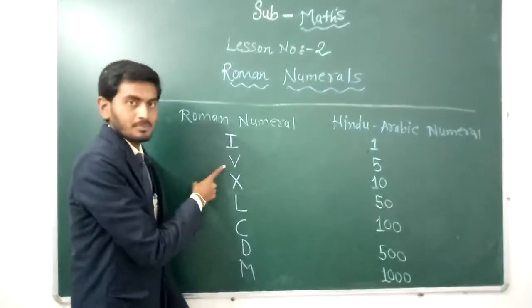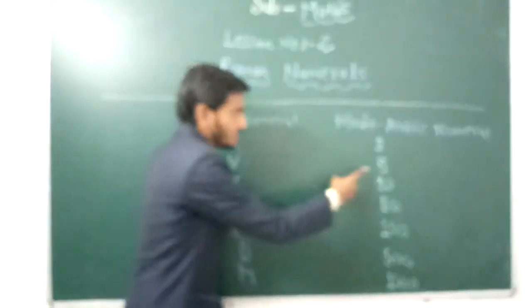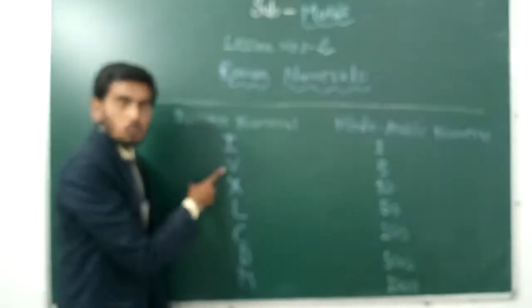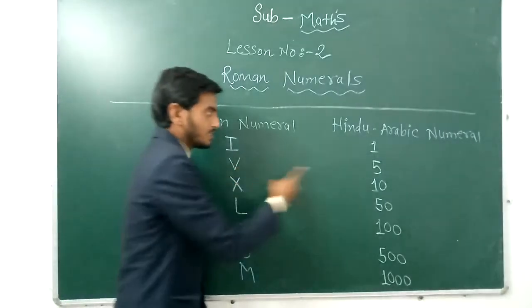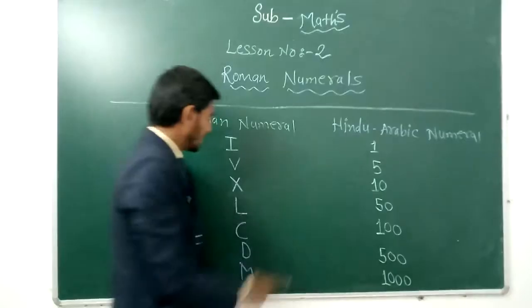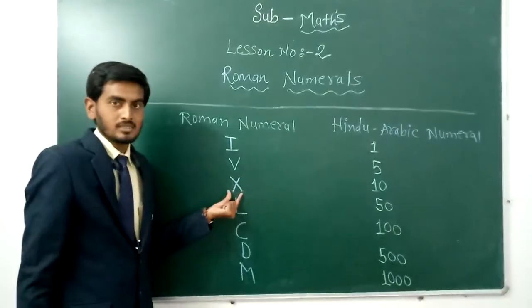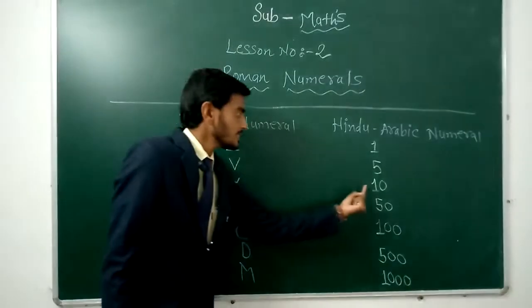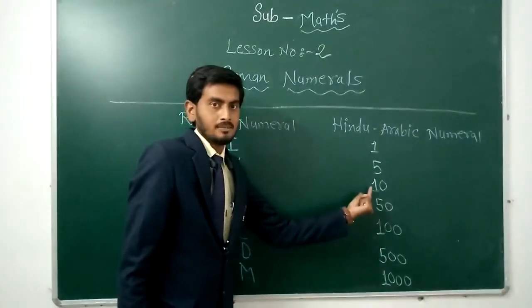Capital V represents 5. Then capital X represents the number 10.